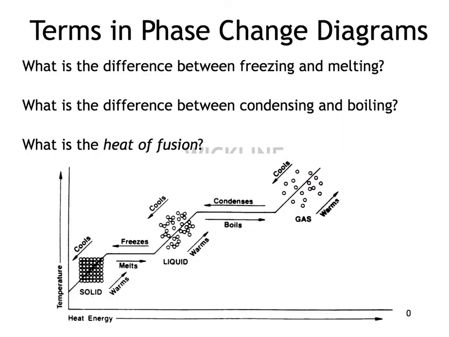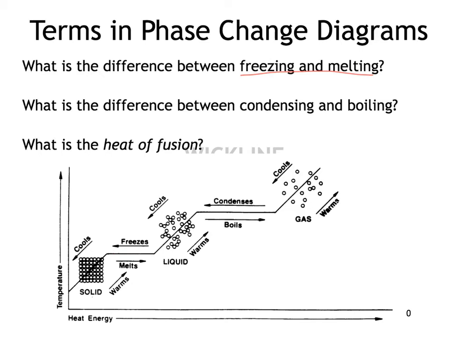So here are some terms that you're going to need to understand phase changes. First of all, the difference between freezing and melting is basically nothing except for the direction that you're going. You can see that here. If I'm going from liquid, which is this section, down to solids, I have to pass through freezing to get there.